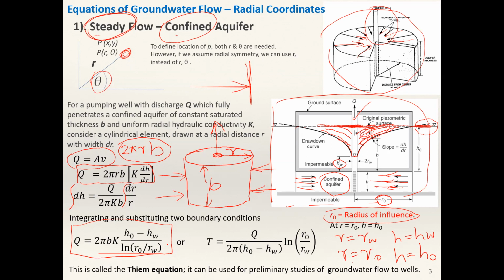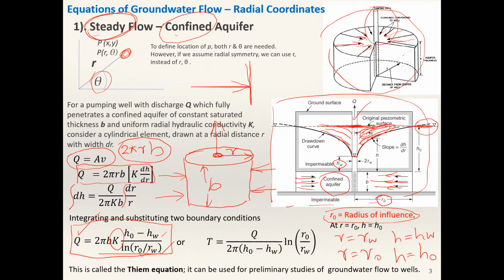So what is special about this equation? Now you see, if you can measure the pumping rate, of course you can measure it, it is a pumping test. So during the pumping test, if you can measure the pumping rate, and if you can measure the piezometric head and the radius, then simply you can find out the hydraulic conductivity.